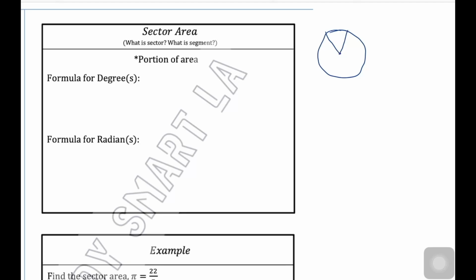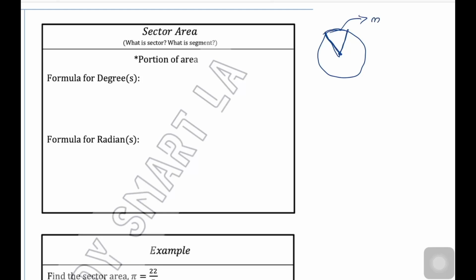If you cut the pizza from the center of the pizza and then make such a slice, this will be, let me put it in red, your sector. The red color is actually, I believe previously in other videos I used blue, so let's keep it consistent.